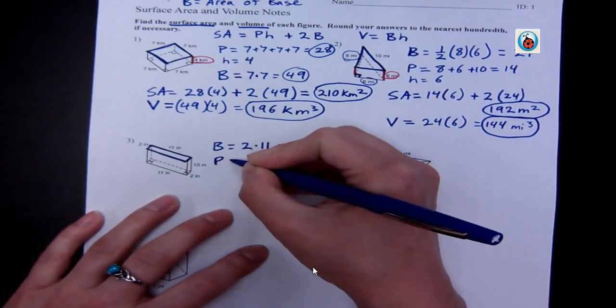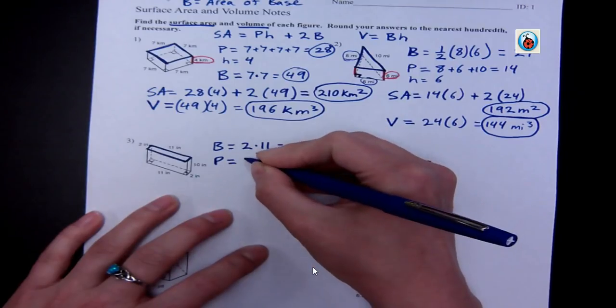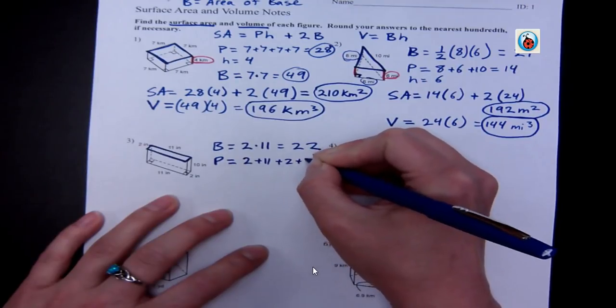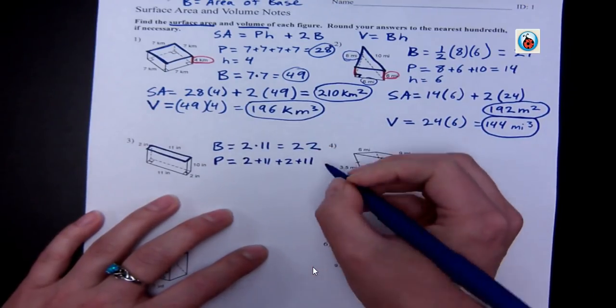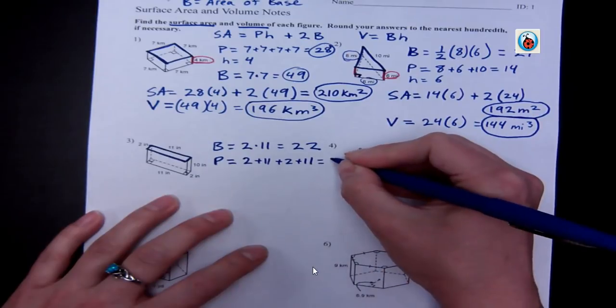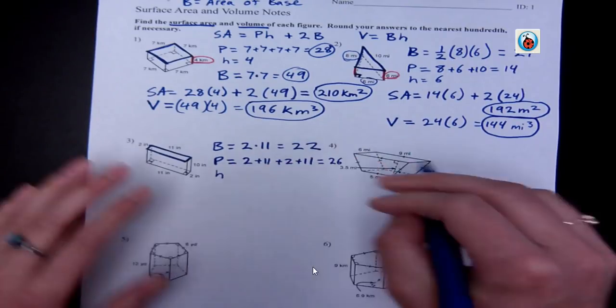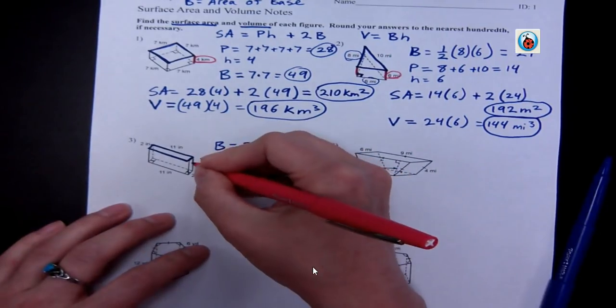The perimeter of the base is 2 plus 11 plus 2 plus 11, which equals 26. And then my height would be the 10 on this side.